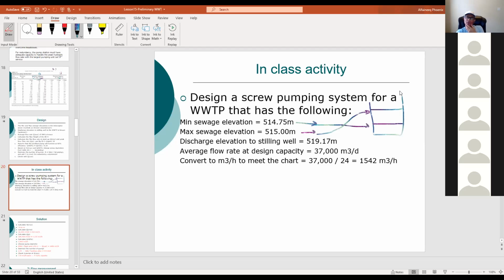The splitter is where you're going to take them, to this elevation. Your average at design capacity is 37 meter cube per day. Convert that to hour because the catalog goes with hour. Just have these numbers.